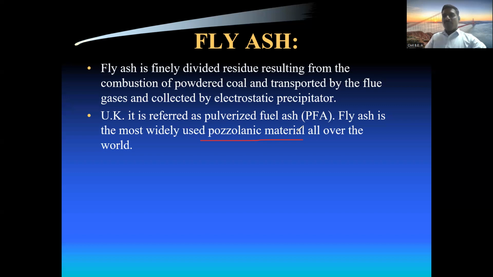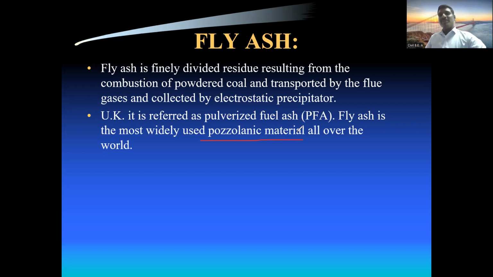Overall in the world we are using it nowadays, as I am talking about PPC cement, pozzolanic Portland cement, are you getting it? That PPC cement is a pozzolanic Portland cement, a cement made up of fly ash.